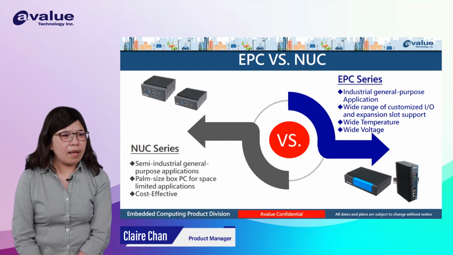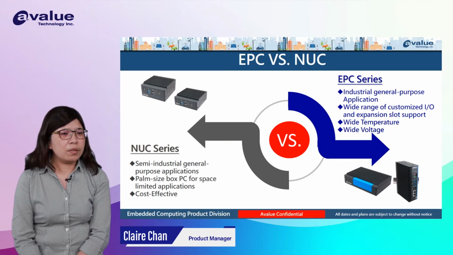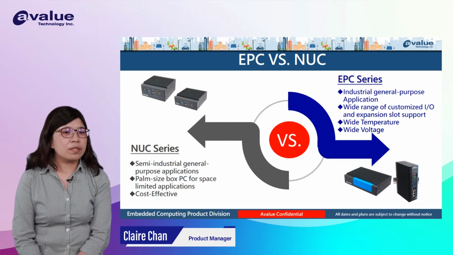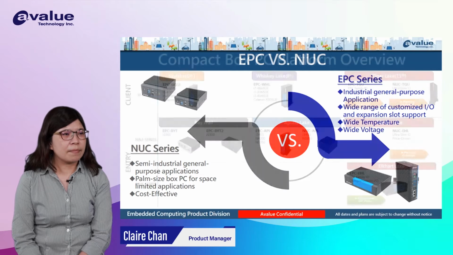On the other hand, the Avalue NUC series is not only a fanless design and supports longevity in product life cycle, but also fulfills customers' variety of requests for semi-industrial applications. The Avalue NUC series has basic I/O interfaces, but is smaller, palm size. Furthermore, it also comes with extra accessories such as a DIN rail and VESA kit, which make the system high in CP value. Let's move on to the next introduction.